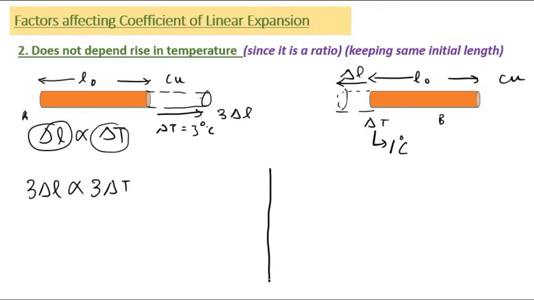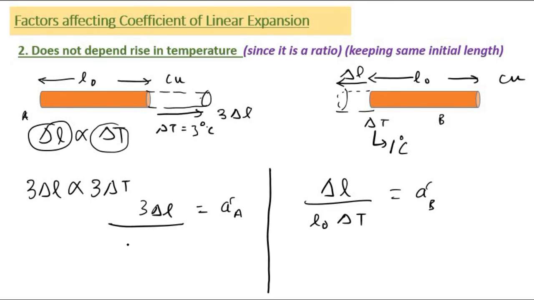So again, if I separately calculate for both, delta L upon L0 times delta T is equal to alpha for rod B, and for rod A the expansion is thrice, so it is 3 times delta L upon L0, which remains the same, but here the increase in the temperature is 3 times compared to rod B. Anyhow the 3 and 3 are going to get cancelled.